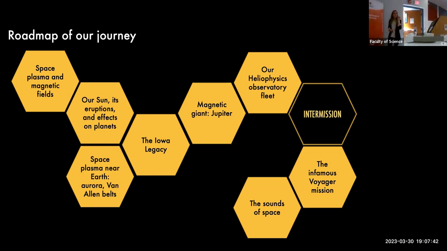There's going to be a brief intermission, which you'll see what happens during that intermission. And then we're going to go on to the infamous Voyager mission. And then I'm going to end with some really cool sonification of space, where I'm going to play for you the sounds of some of the plasma waves that we observe in space. All right, so let's get started.